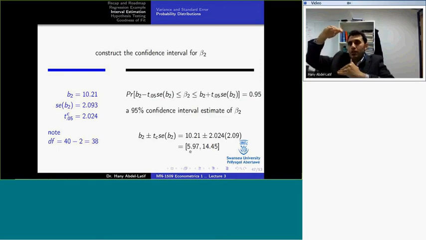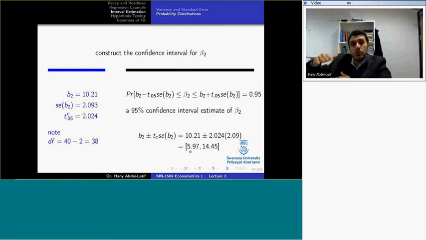So what we're trying to say here is that we are 95% confident that the true value, which is beta 2, if it is not 10.2, will be between these two values, 5.97, the lower bound, and 14.45.